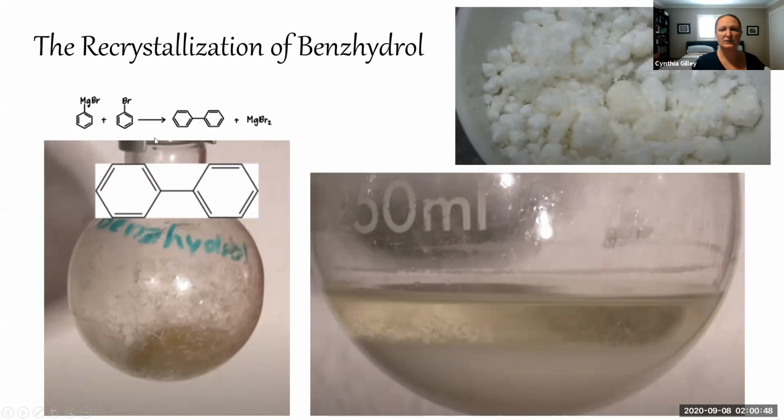This type of reaction will be covered at the very end of the semester in your lecture course. But the only thing I'll say about it now is just that it is not an SN2 reaction to make biphenyl.